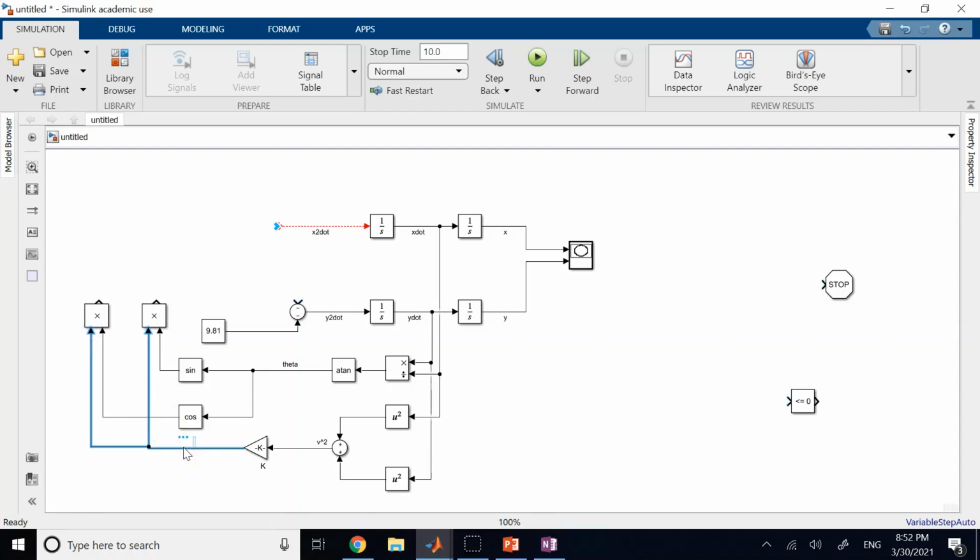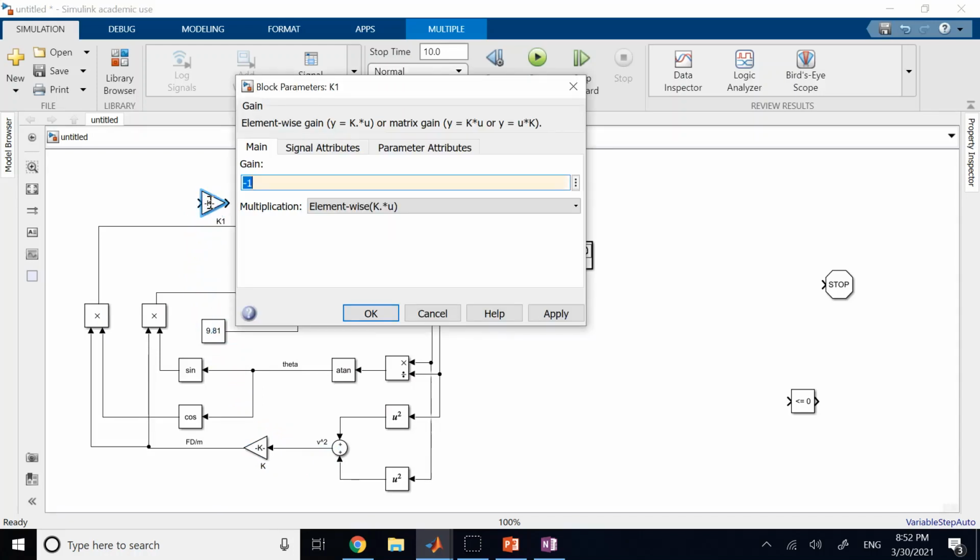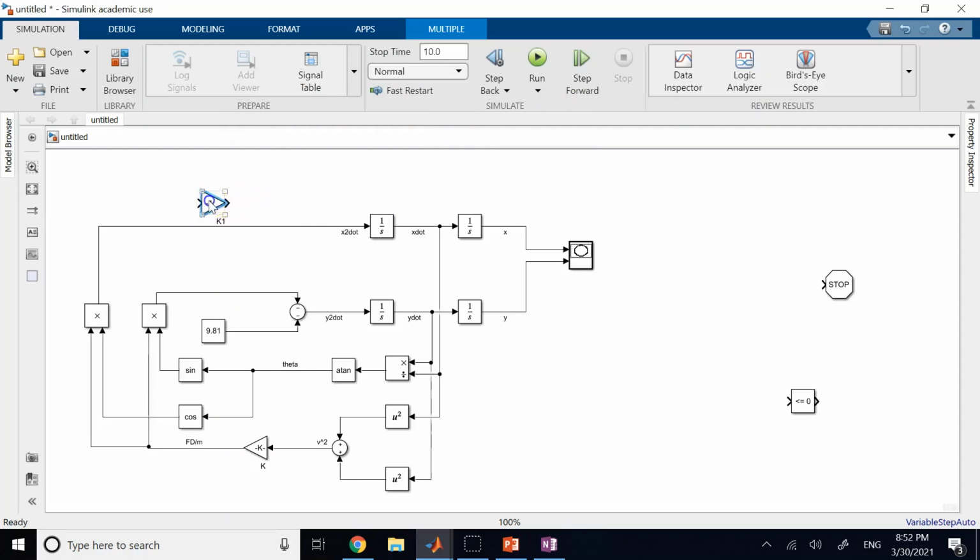So the sine term will go here, and the cosine term is going to go there. Just it should be negated, right? Because it's the negative of that. So what I need is a gain block here, and this gain block is simply -1 because I have negative F_D cosine theta.